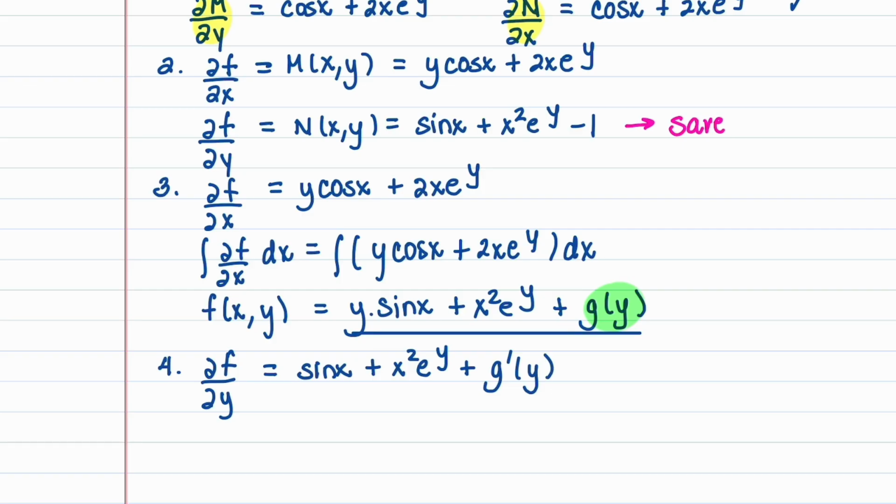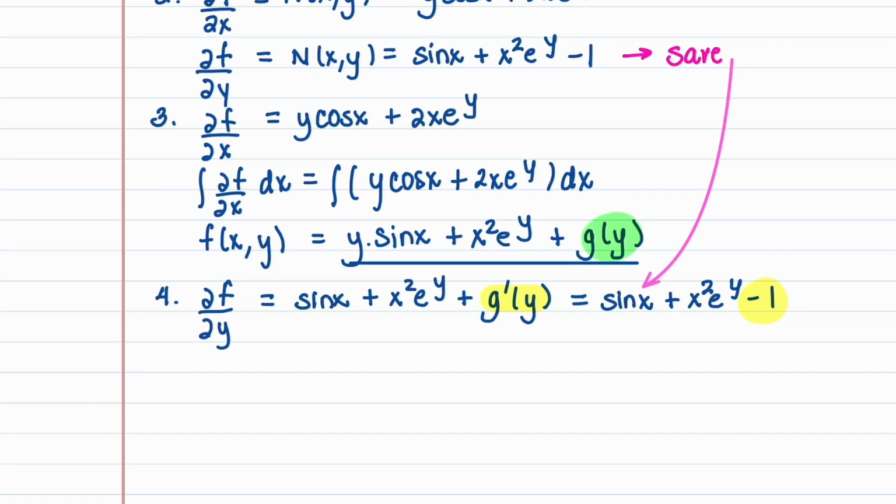The partial derivative of f with respect to y is what we had saved. So we're going to now bring this down, and we're going to set this equal to sine x plus x squared e to the y minus 1. Looking at this, you can see that g prime of y now is equal to minus 1.